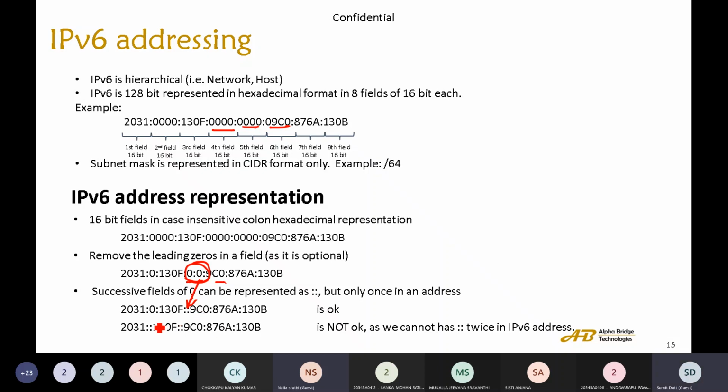But we cannot use the double colon twice. It will be used only one time. So this is okay, this is not okay. We cannot have it twice in an IPv6 address. It can be used once. Am I clear? Yes, sir. Okay, now I'm giving you one example of IPv6.